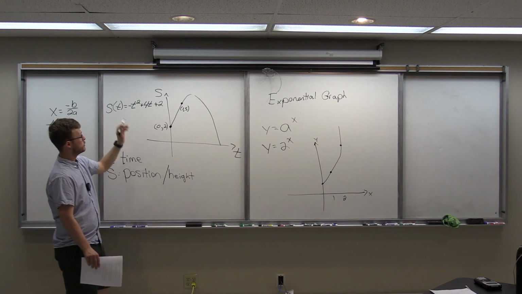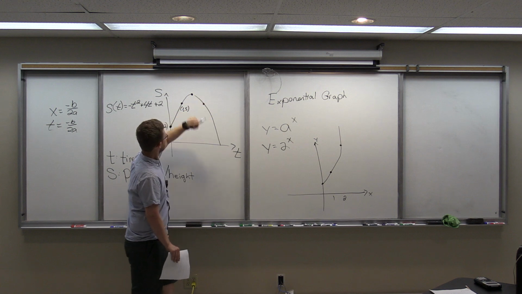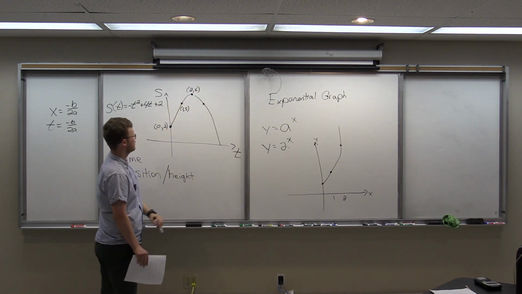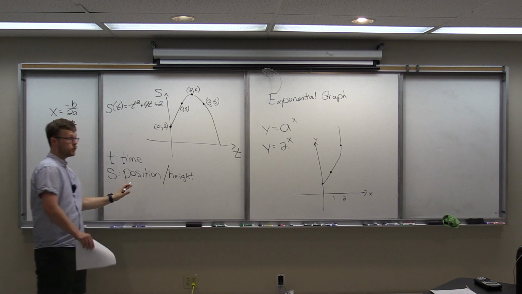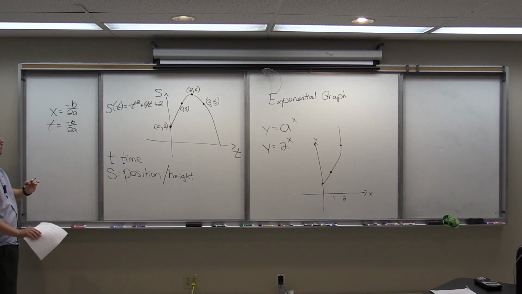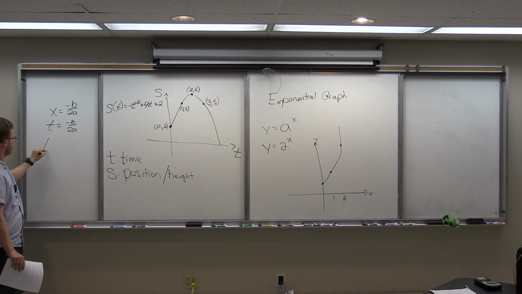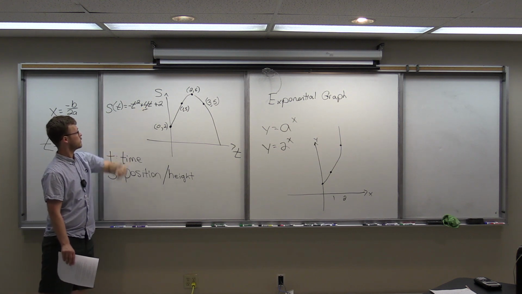We keep doing this. We plug in 2 and 3 and 4. We get that 2 pairs up with 6, and we get that 3 actually pairs up with 5. Now, I could go through the negative b over 2a, and in fact I will. Let's go for it. So negative b over 2a says that t is equal to negative, that's my b term right there.